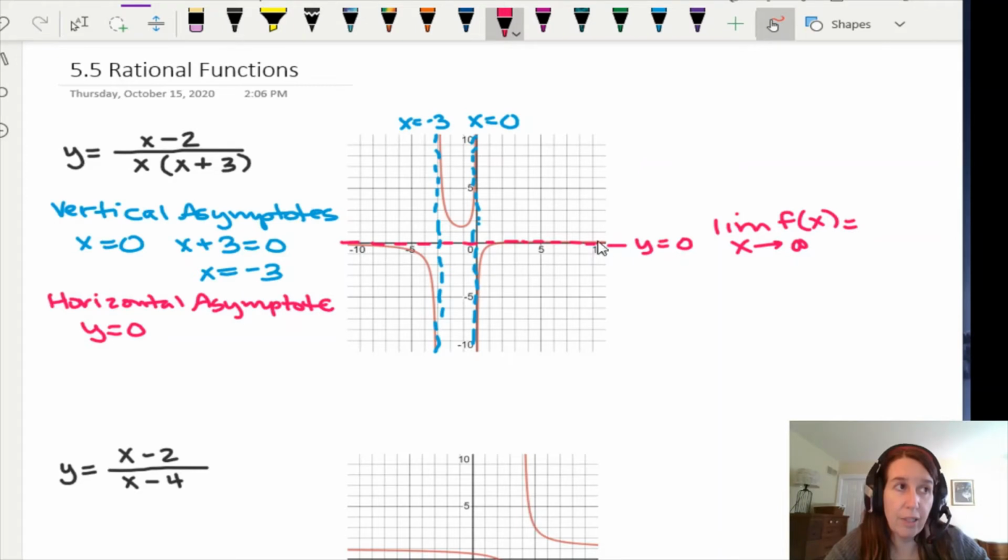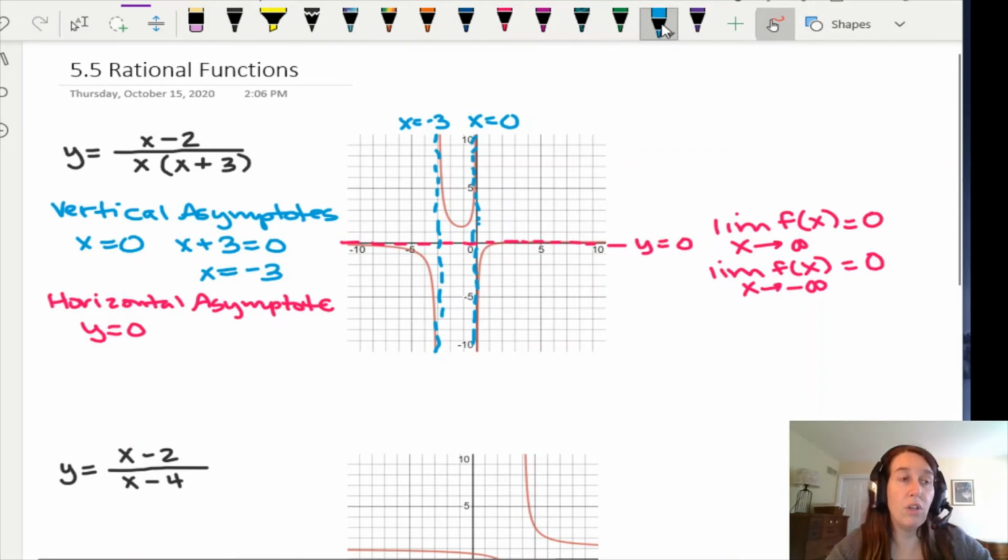And that limit is right here, right? What is the graph doing as x gets bigger and bigger toward infinity? Well, the graph is approaching 0. And likewise, the limit of f of x as x approaches negative infinity is right over here, and the graph is getting closer and closer to that horizontal asymptote 0 as well.